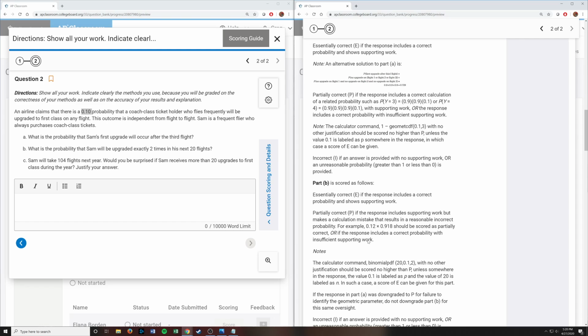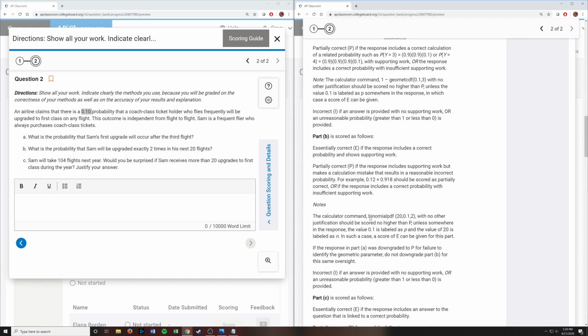So always show your work or you're never going to get an E. Anytime you're asked to calculate something, show that work. Again, if you put in binom PDF 20, 0.1, 2 with nothing else, that's a P. Label these. N, P, X. Okay.